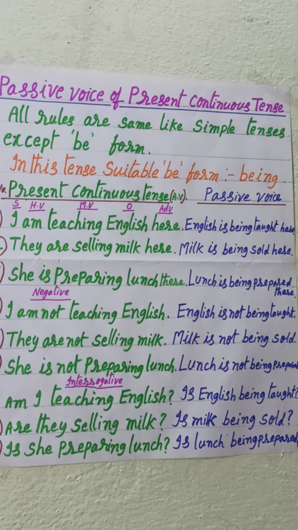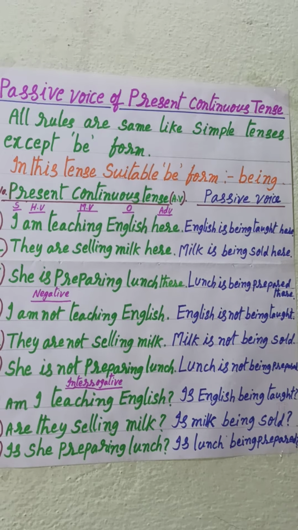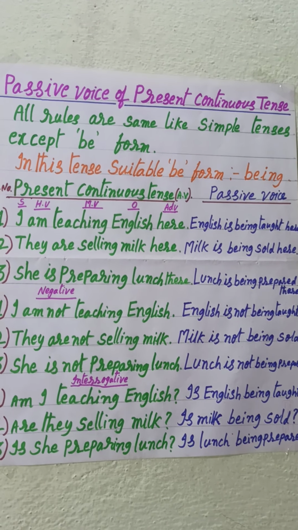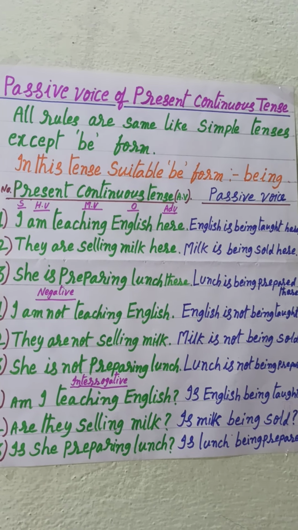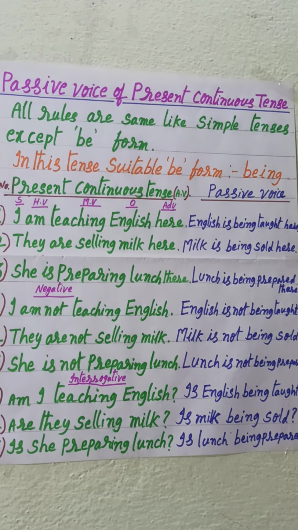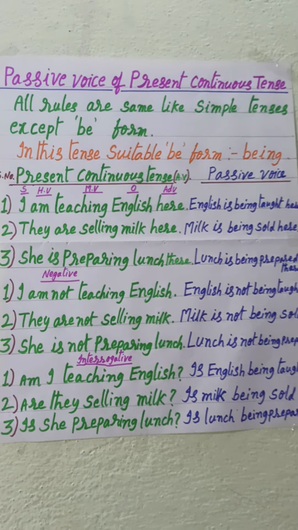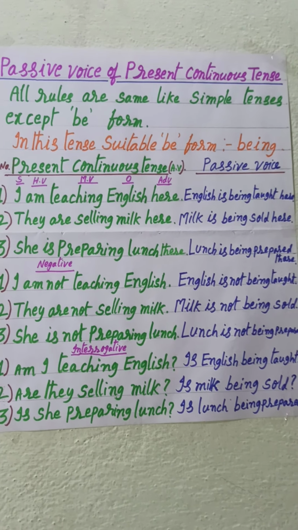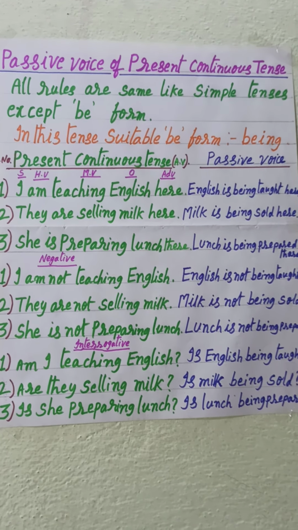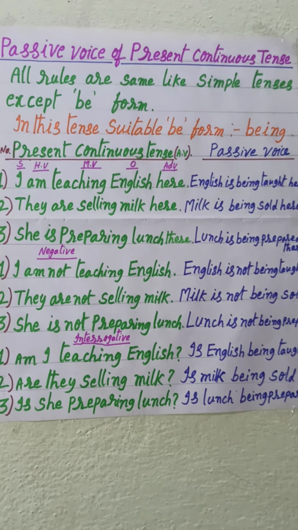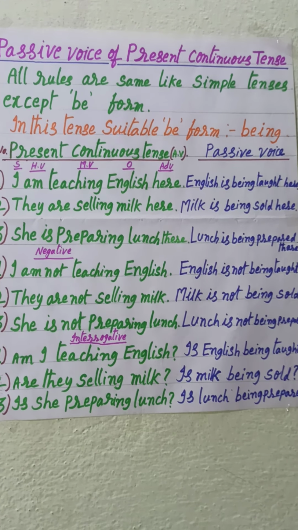Taught is V2 and V3. Teaching is V4. That is present participle. Here also, selling and preparing are present participles.